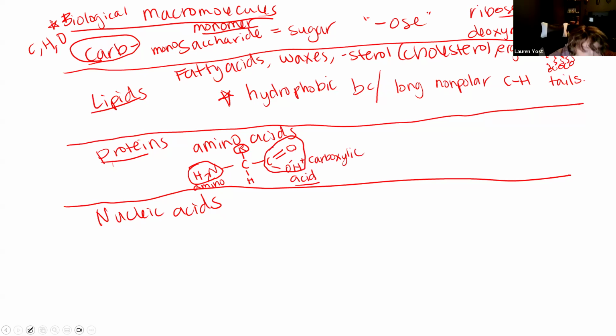And how we build these is that this O that can donate off that H can bind to the next NH2 group. And then another amino acid is there with that R group and that carboxylic acid there. Okay, so that's that link right there.